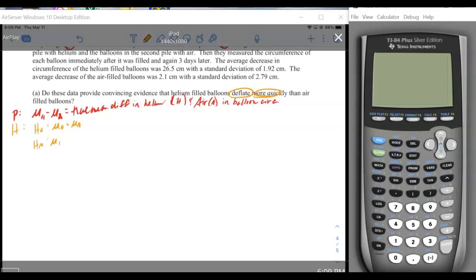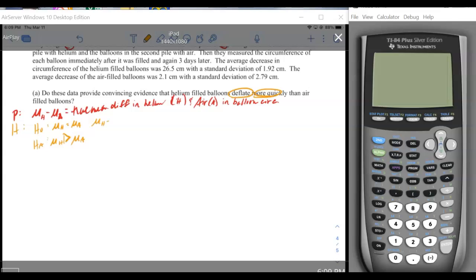We'll have to talk about which way that is. So which one deflated more quickly? It would be the helium one, right? So if I want to show that it deflated more quickly, I would be doing a greater than. Cool? Greater than.